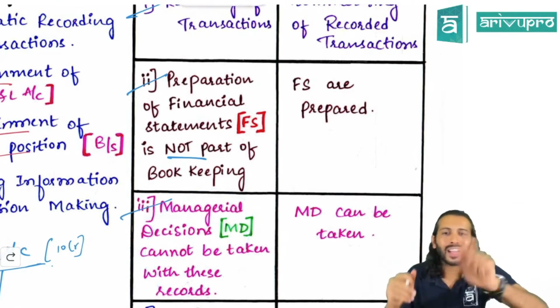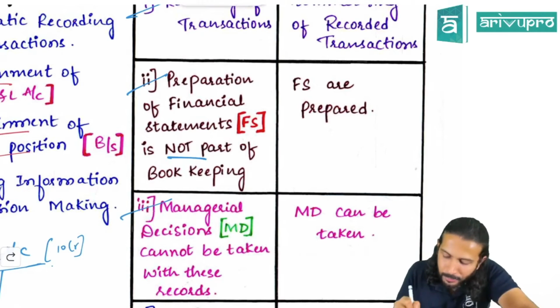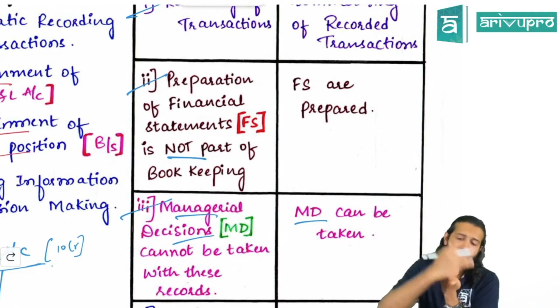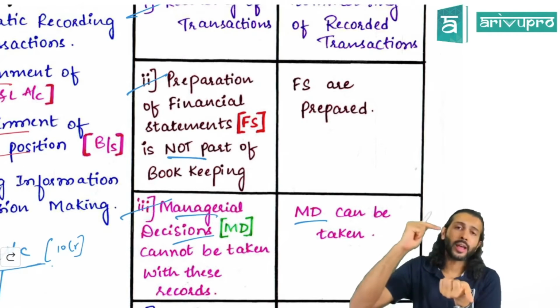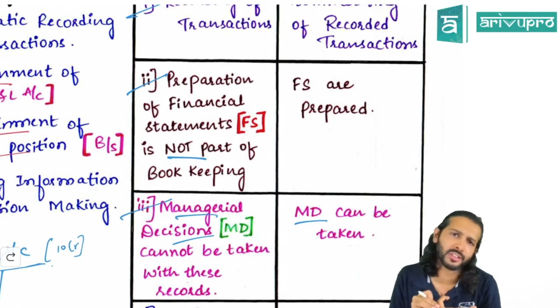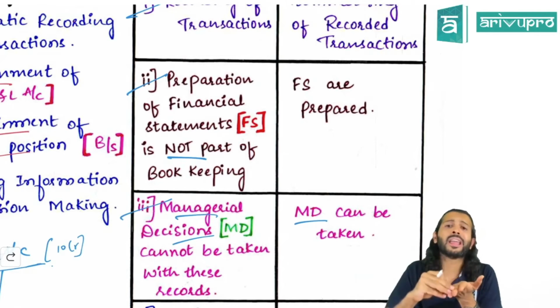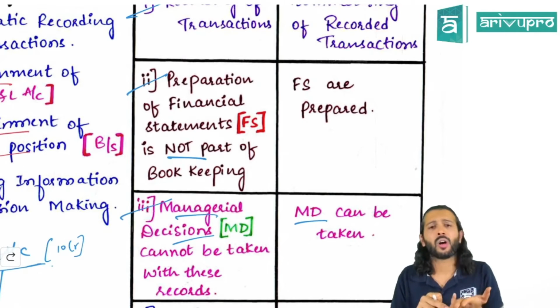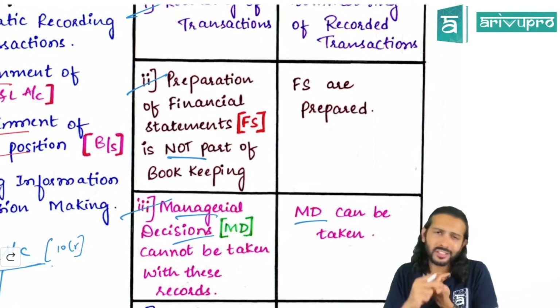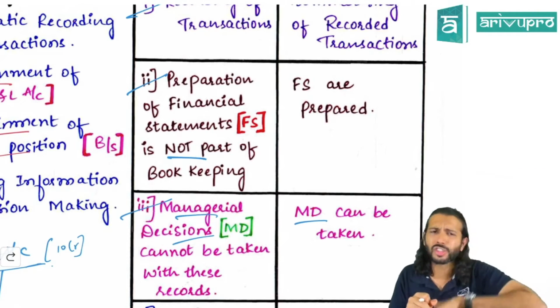With accounting records, you can take managerial decisions, like whether I should do the business, expand the business, or reduce my business, whether I should appoint somebody as a managing director, or what price I should sell the goods at, and to whom I should sell the goods. Many decisions will be there.